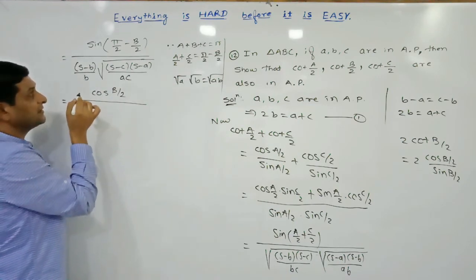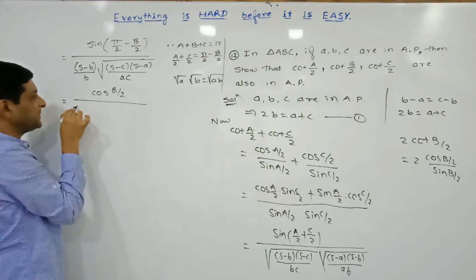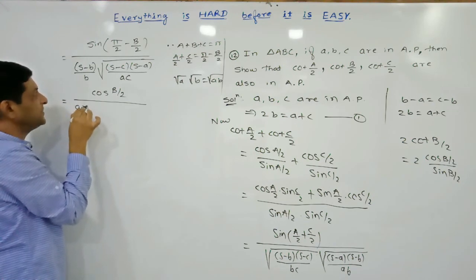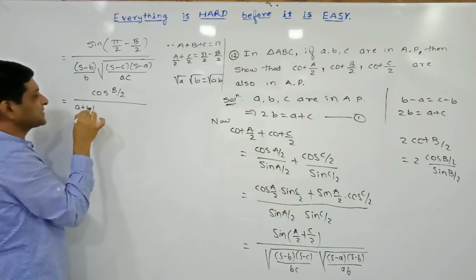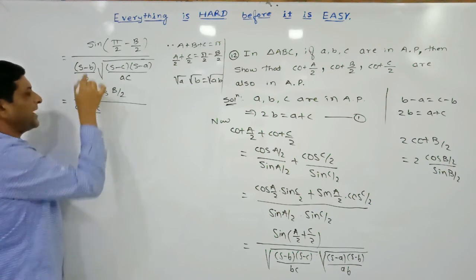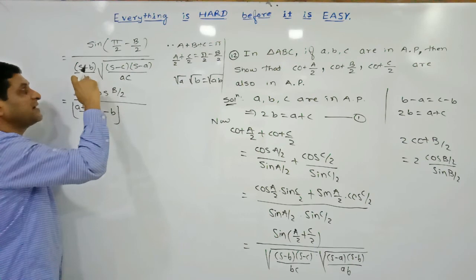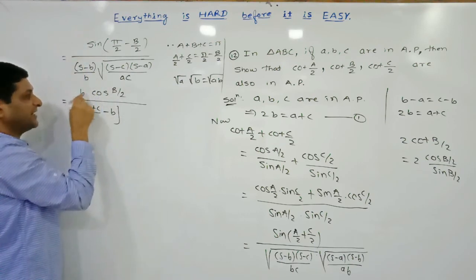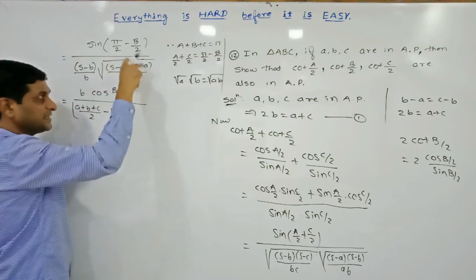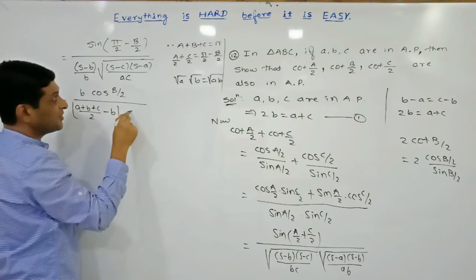So this s can be replaced by a plus b plus c upon 2 minus b, keep it as it is, and this divided by b can be written as numerator into b, and this is the value of what?